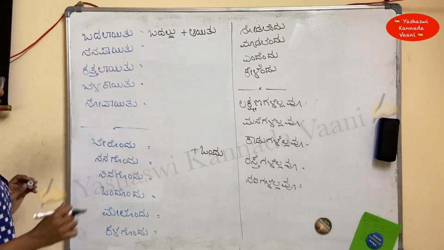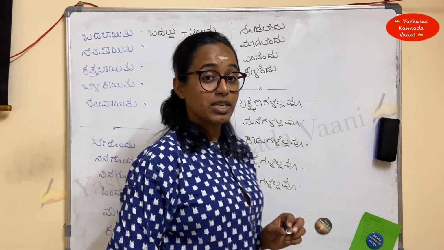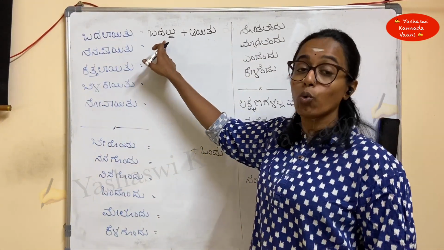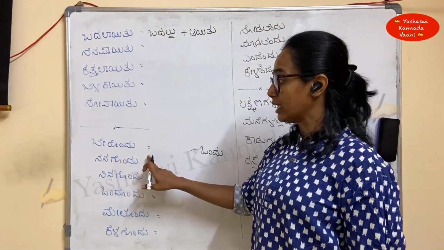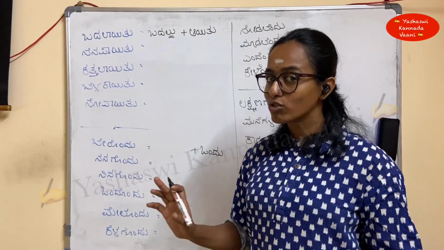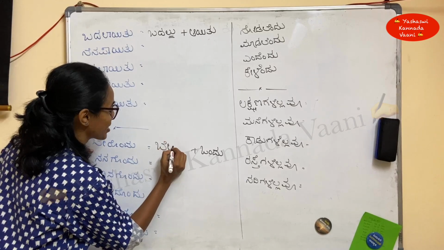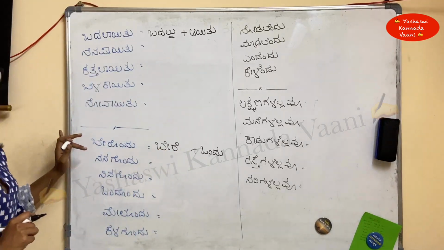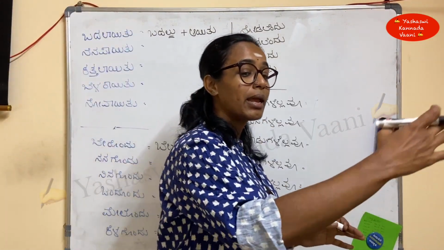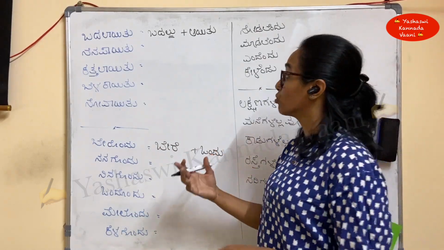Now I have to do the first word. If you observe, here it was an oo sounding. So here it's not an oo sounding. It's bere, an A sounding. The first word goes with the A sounding. Bere plus vandu, berondu.